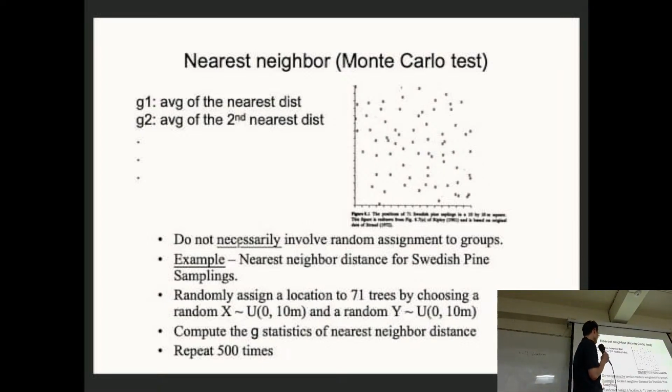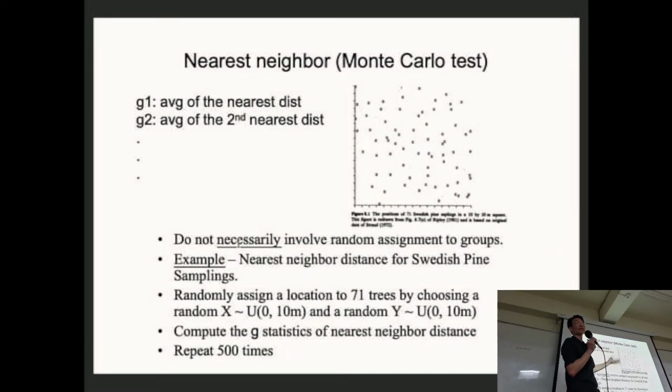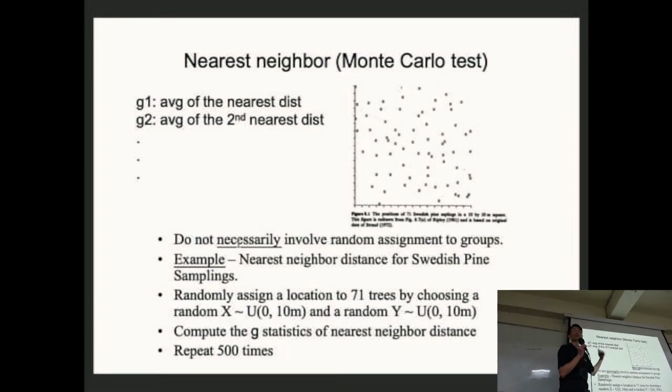So you can generate this again, many times. You can plant 71 trees again, and then repeatedly calculate G1, G2 from all these randomly generated patterns.